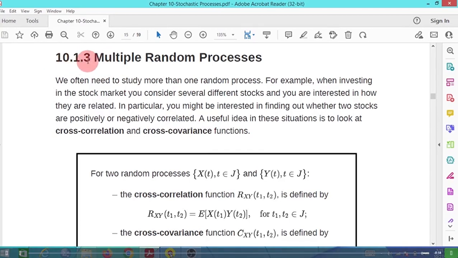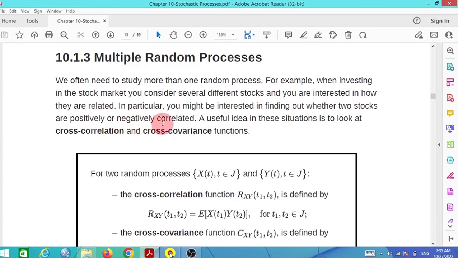Subsection 10.1.3, multiple random processes. We often need to study more than one random process. For example, when investigating the stock market, you consider several different stocks and you are interested in how they are related.